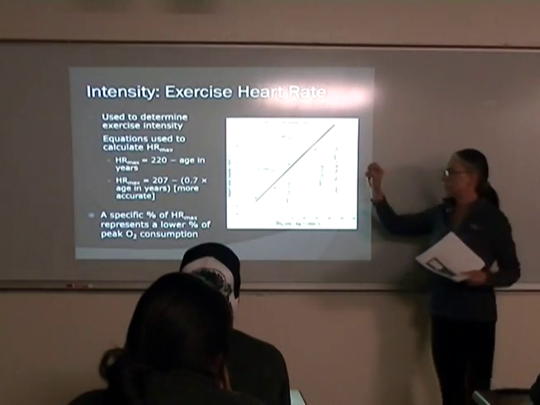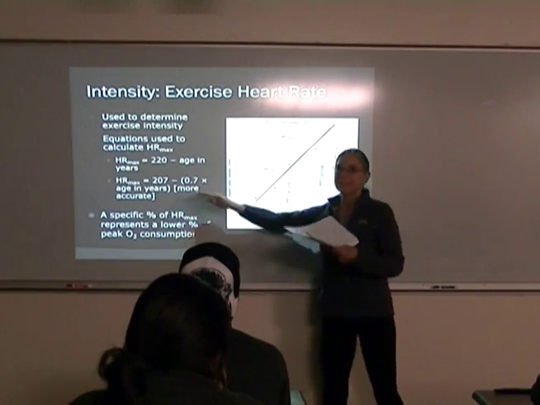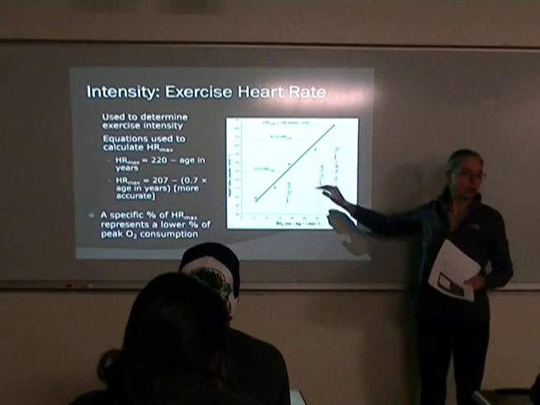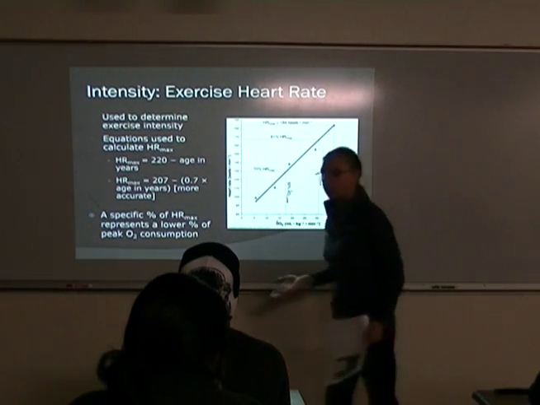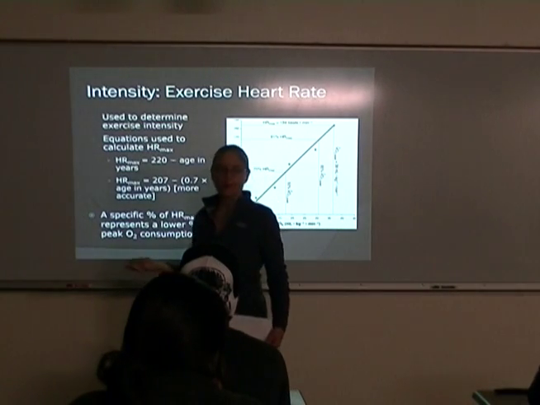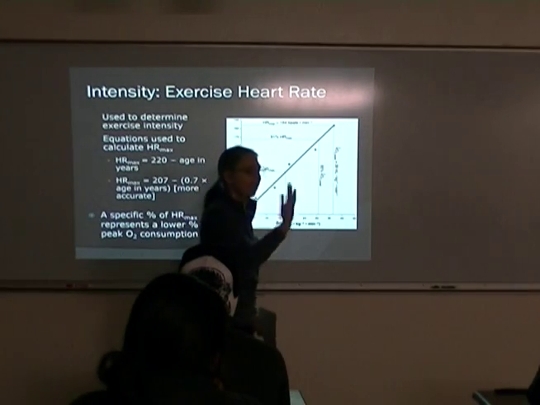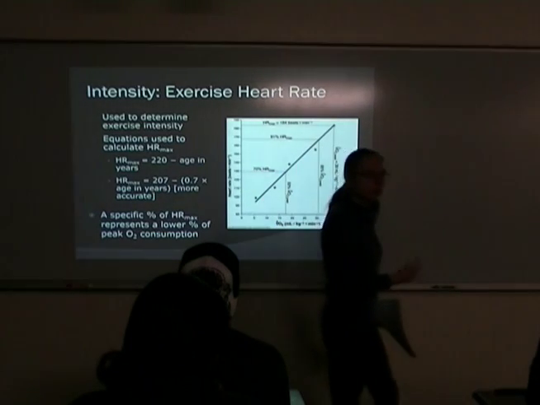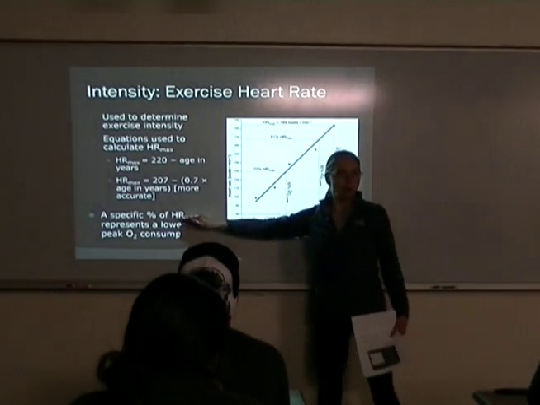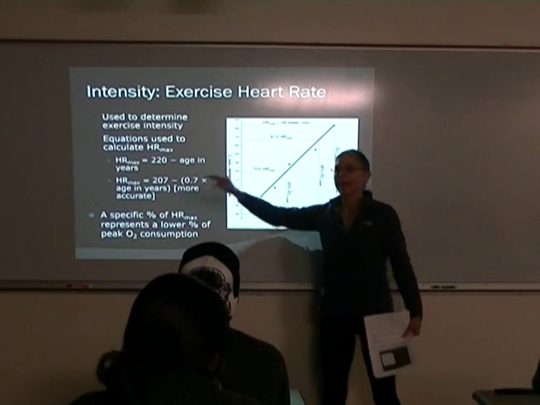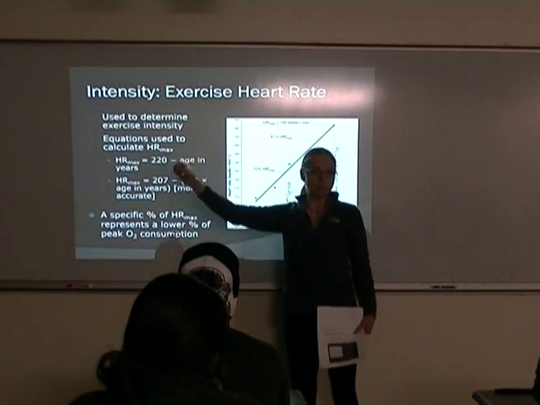Your intensity is what percentage of the max are you going to work at? Because max heart rate is the point where you fall flat on your face, right? I can't work if I'm falling flat on my face, okay? So I don't work at max heart rate, I work at a percentage of my max heart rate.